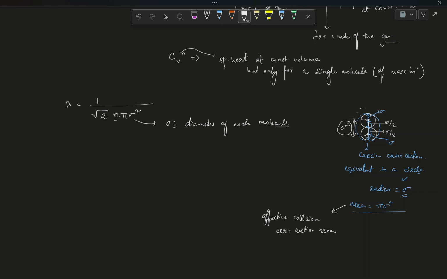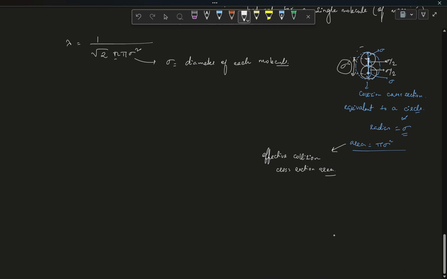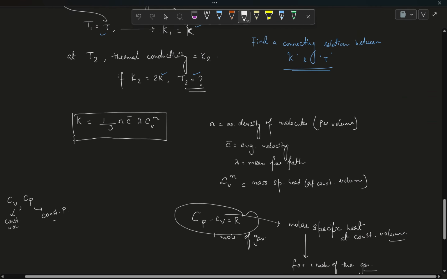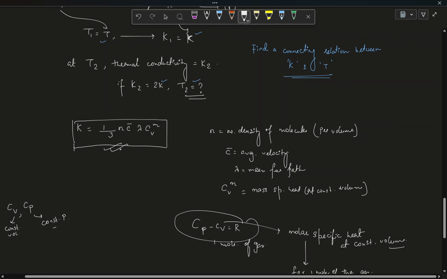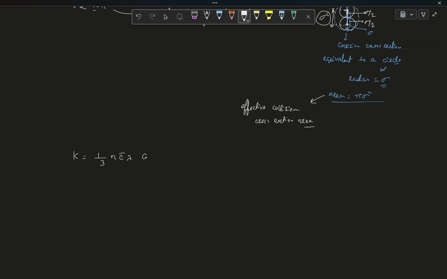So where were we? Basically we needed to simplify this formula so that we can get a direct connection of K and T. So let us get into that business. K was our one third C bar lambda CVM. Now we know the expression of lambda, so let us put that into this equation.